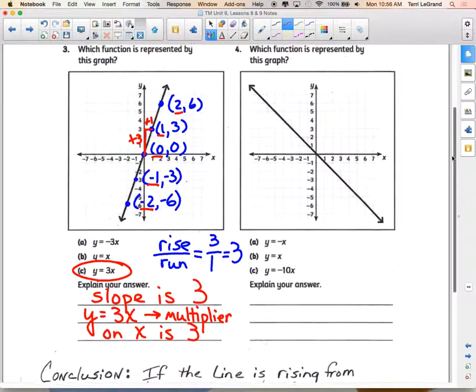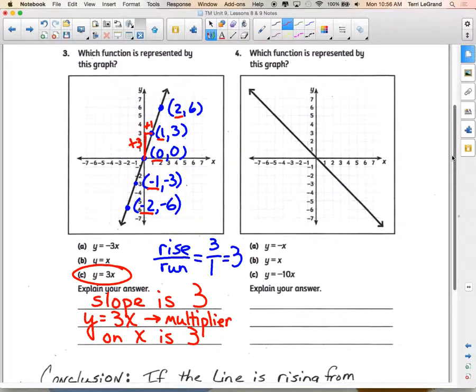Okay, let's do one more here, because then we're going to make some conclusions about lines and their slopes. Let's all use the same points this time. Let's use that point and, just for the fun of it, let's go all the way down here and use this one. So this is ordered pair 0, 0. And I can see this one's going through an intersection of grid lines, so I'm going to use 5, negative 5.